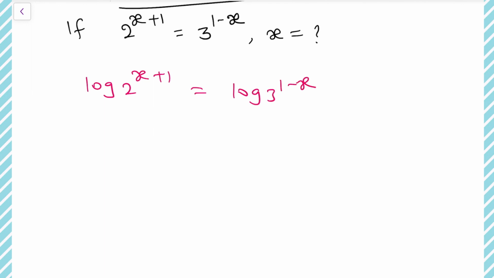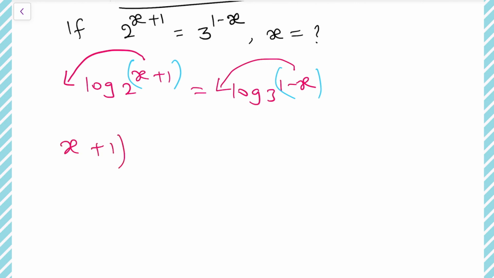Here both the powers are having two terms, that's why I am keeping brackets. Now power is for the main number, so it will go to the front as it is. This will also go to the front as it is. So we remain with (x+1) log 2 = (1-x) log 3.